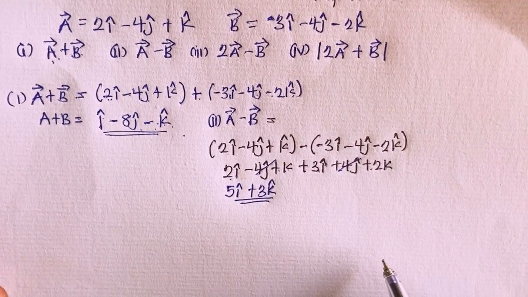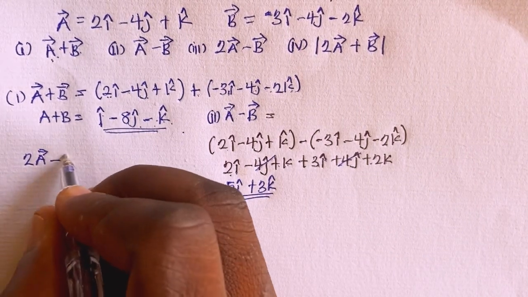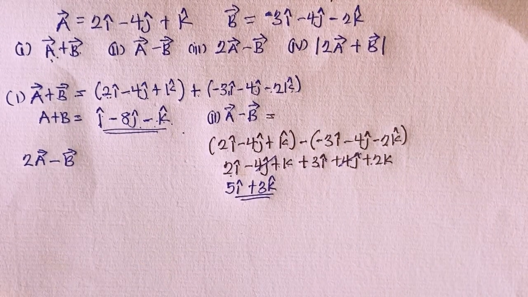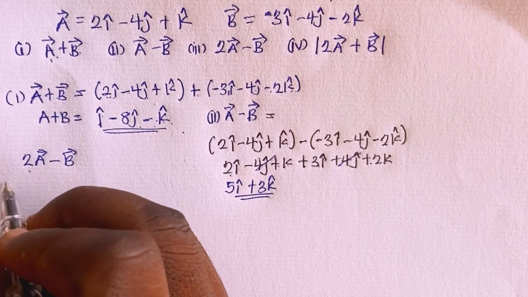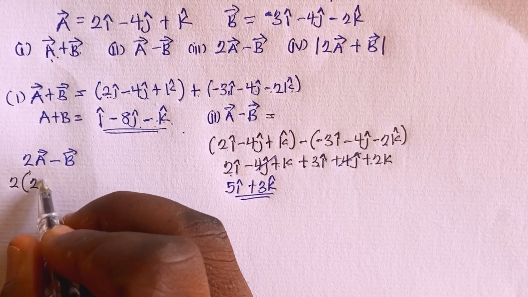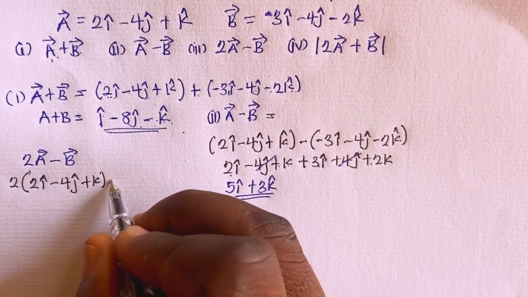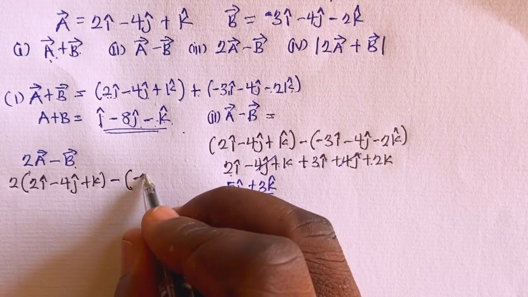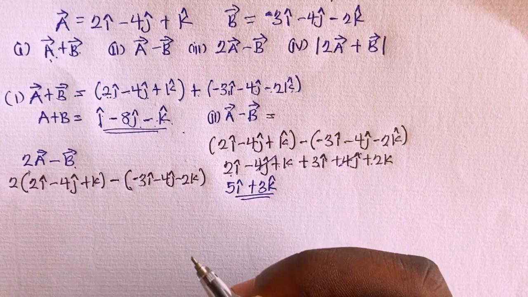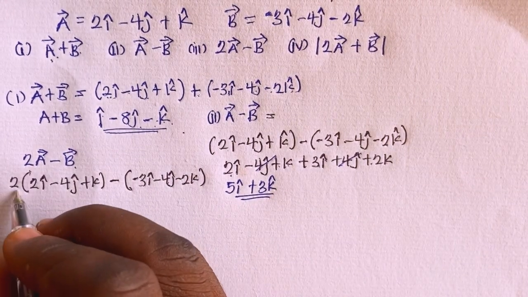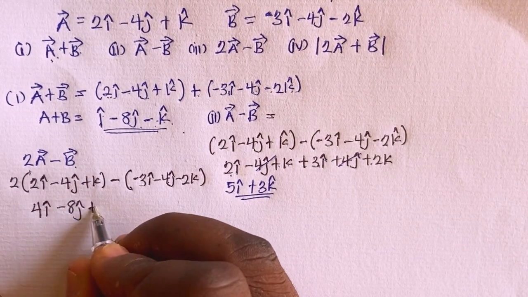What if I'm asked to find 2 vector A minus B? That simply means I'm going to multiply my vector A by 2, so I will have 2 into bracket 2i minus 4j plus k, then minus into bracket my vector B, which is minus 3i minus 4j minus 2k. So here it is going to be 4i minus 8j plus 2k, then plus 3i, then plus 4j, then plus 2k.